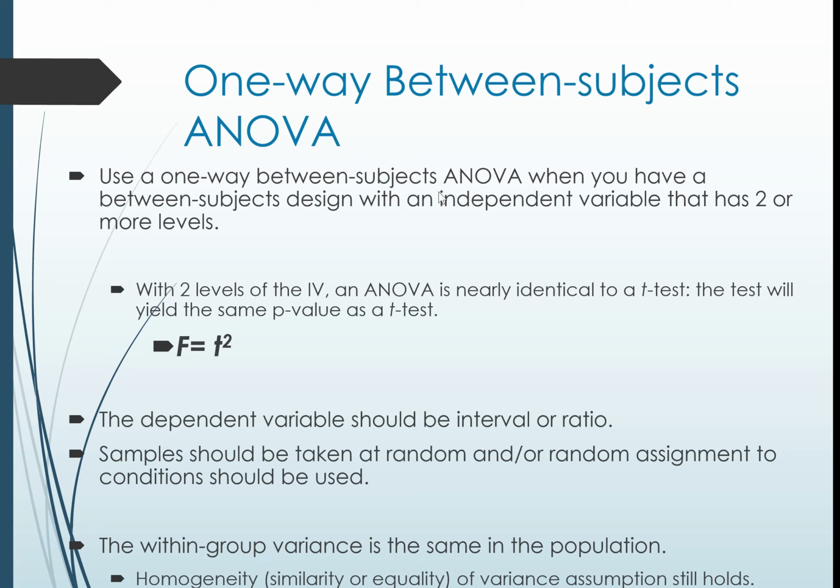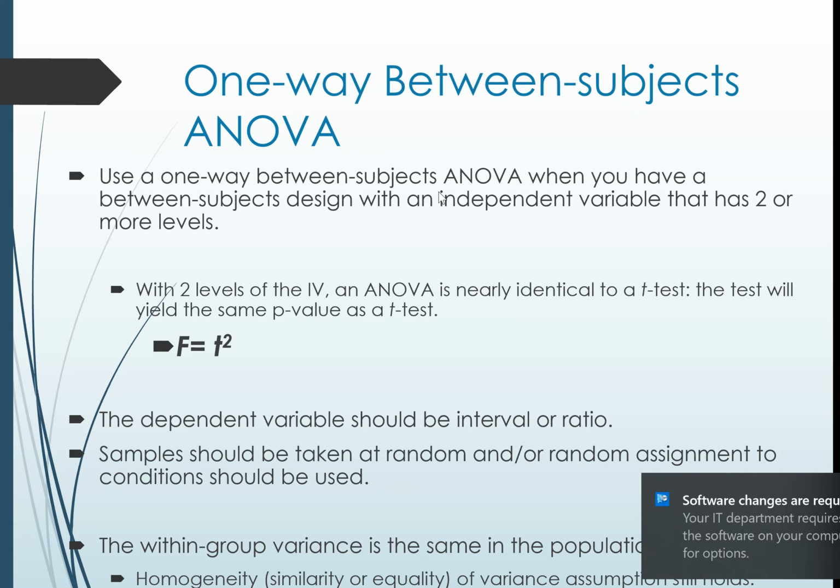As I said, the dependent variable should be interval ratio, or at least we're assuming that it's interval ratio. And ideally, samples are taken at random, or random assignment to conditions should be used. This is not always feasible, but that's ideally. And then also the homogeneity of variance assumption, which you might recall from the independent samples t-test, still holds.